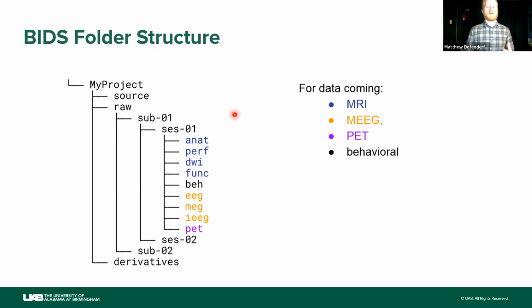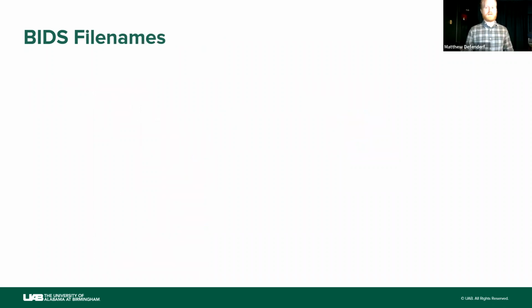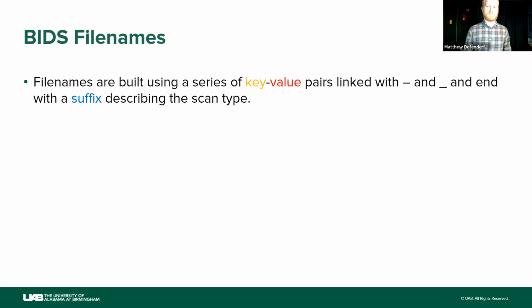but what about the files that actually go in them? So as well as having a very specific folder structure, there is a very specific file naming system as well. So file names are just built out of using a series of key value pairs linked with hyphens and underscores, and that end in a specific suffix describing the scan type. So because of this, the hyphen and underscores are actually protected characters in the BIDS naming structure.